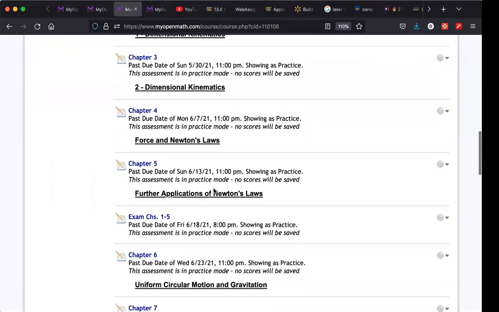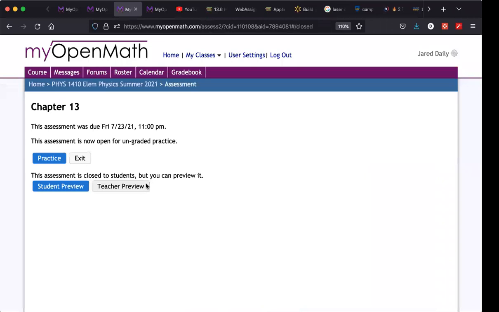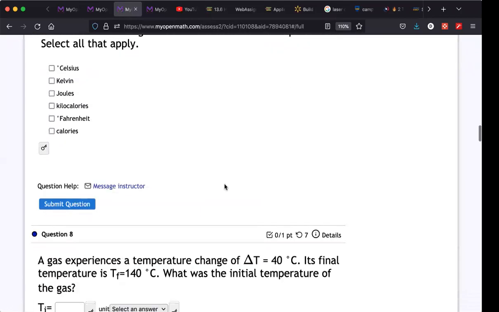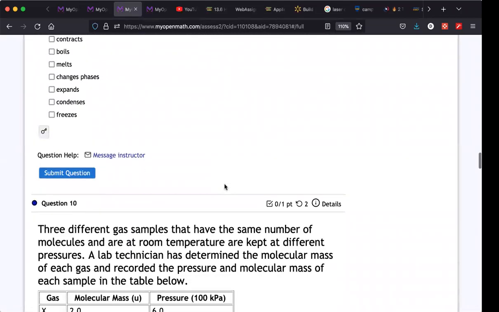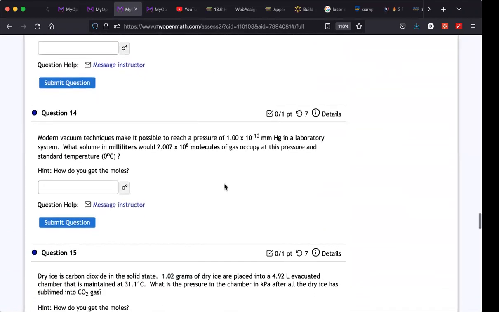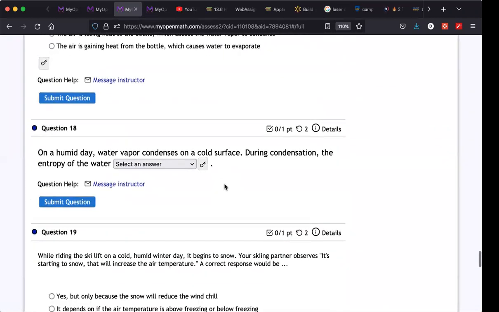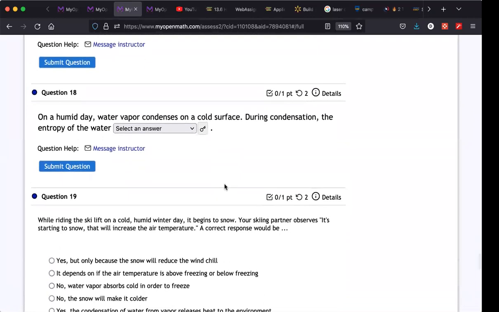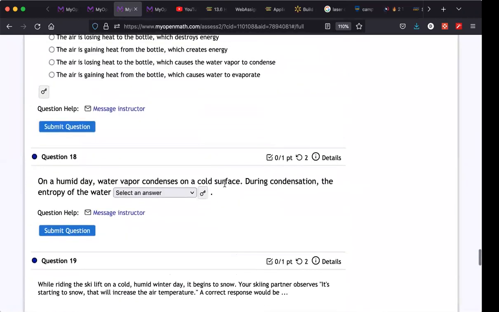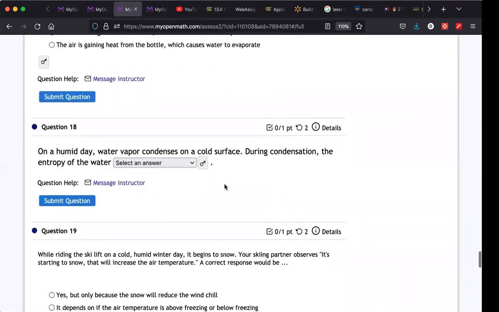So this is chapter 13, and that's the end of chapter 13. Oh, this one has a question in here on entropy, and I don't think we even covered entropy yet.